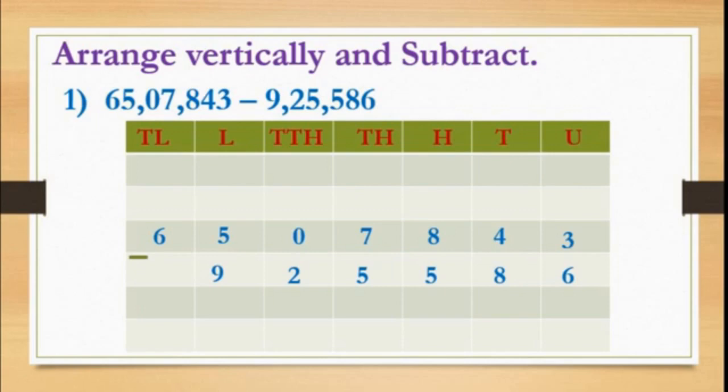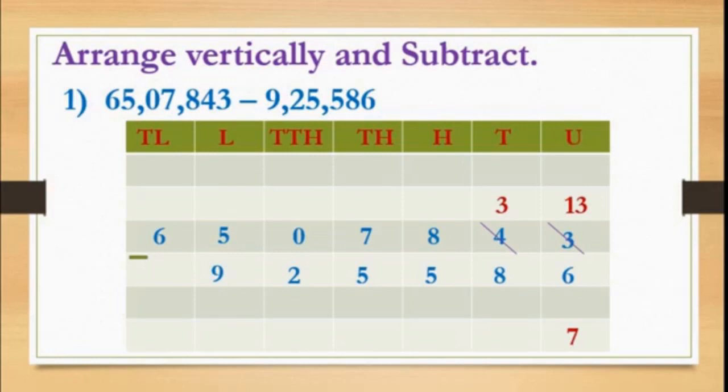We will borrow from the tens place. Yes, 3 borrows 1 ten from the tens place, and here 4 becomes 3 and 3 becomes 13. Now 13 minus 6 is 7. We know that because 13 is bigger than 6.